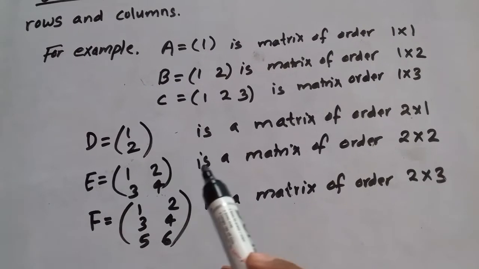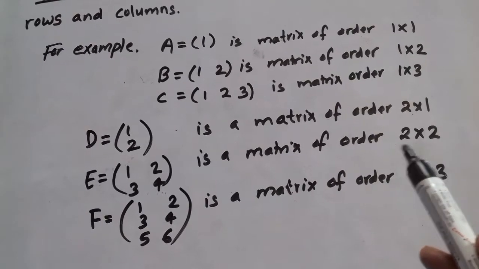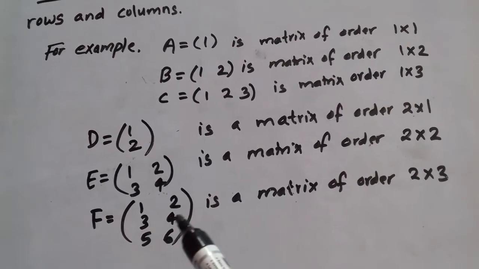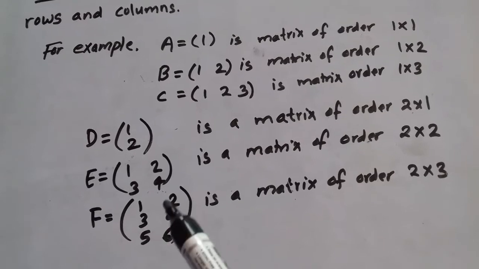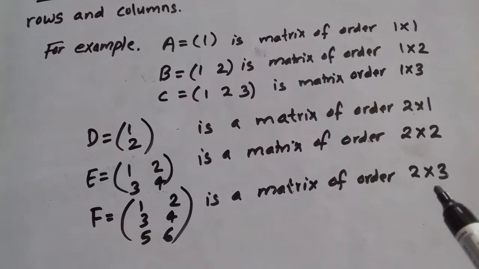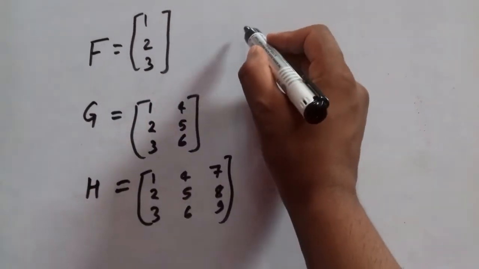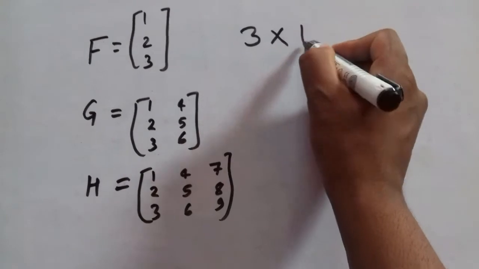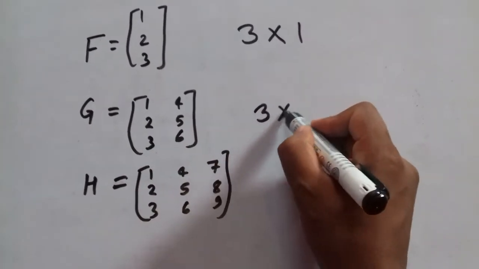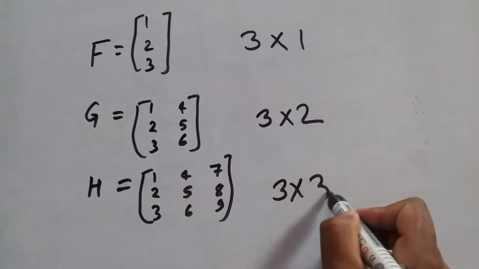Here 2 rows and 2 columns, so the order is 2 by 2. Here 3 rows and 2 columns, so the order is 3 by 2. Similarly, this matrix is of order 3 by 1, this is of order 3 by 2 and this is of order 3 by 3.